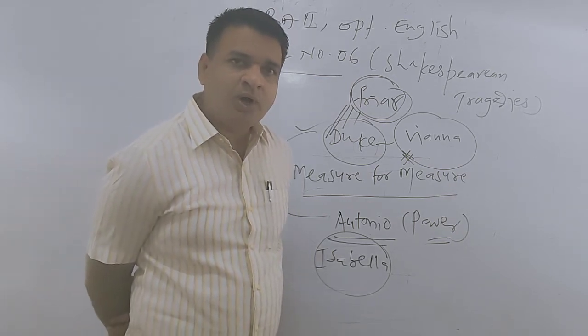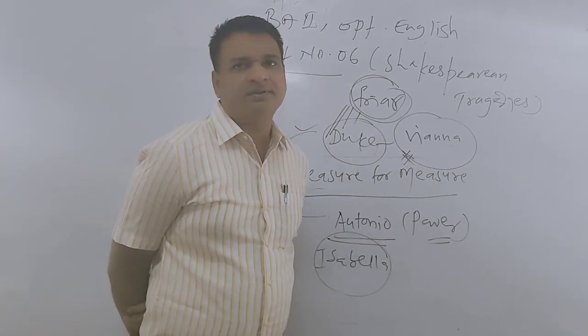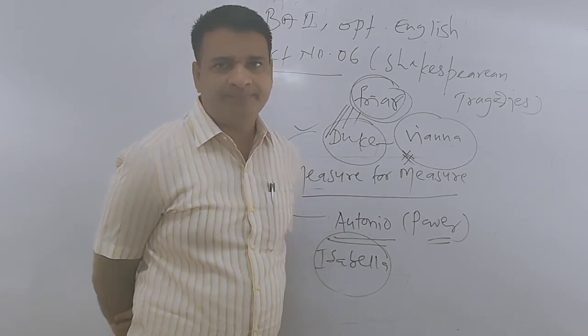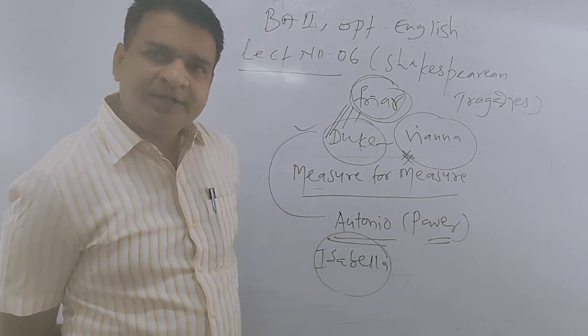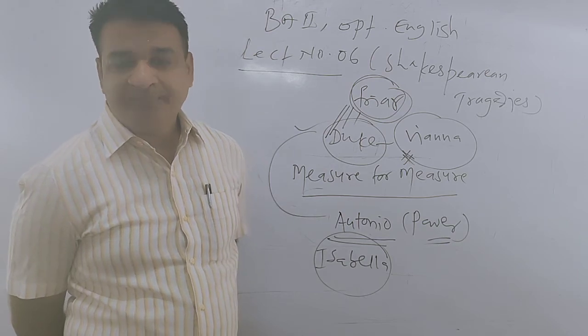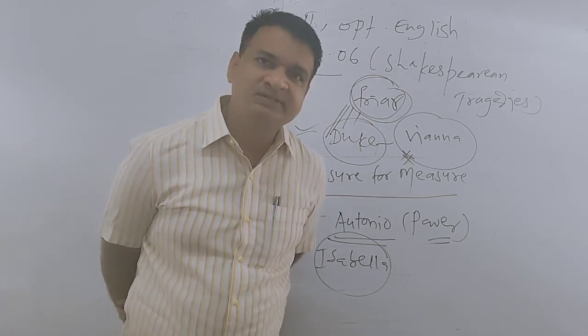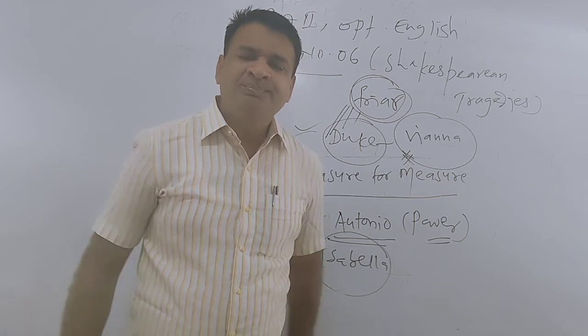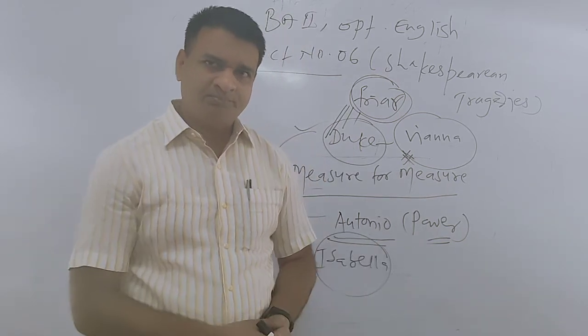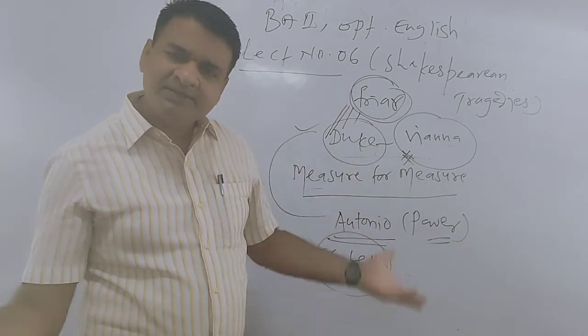When she comes to know about her brother, she comes to the prison to meet him. At that time, her brother requests her for his rescue because he says he has been punished for a sin which the people of Vienna openly commit. I have done nothing wrong, because all the people in Vienna carry on such affairs.